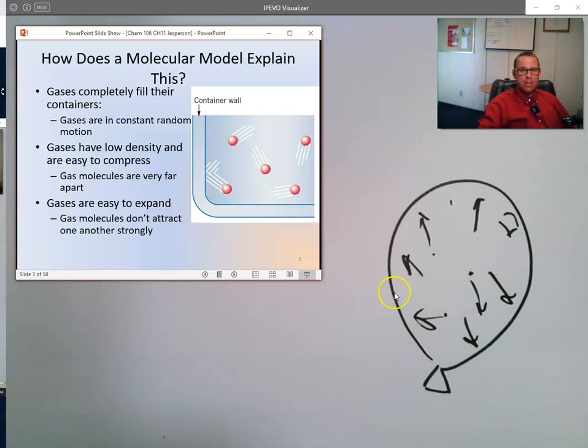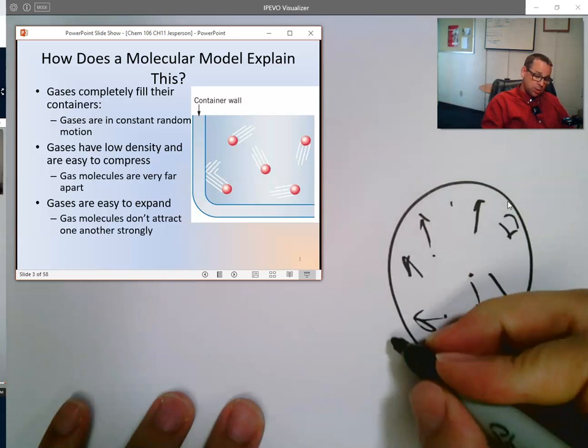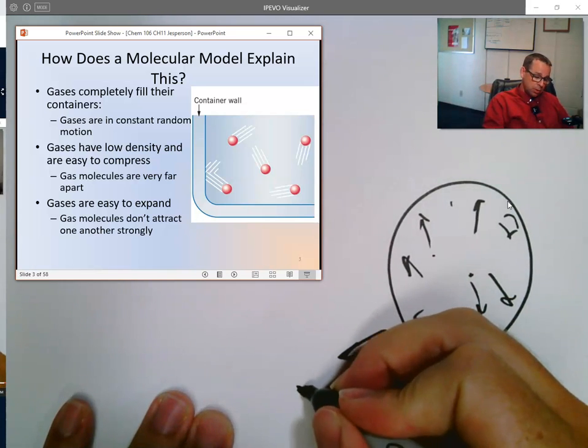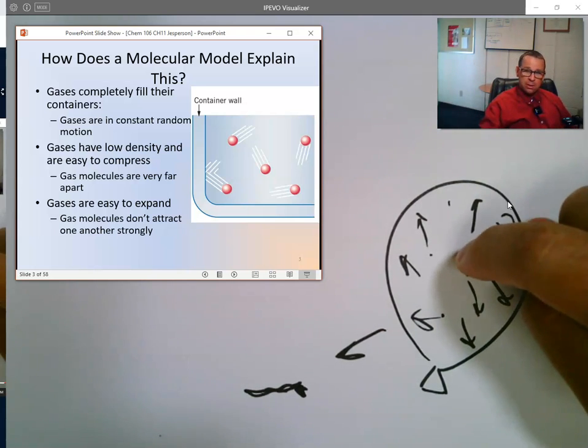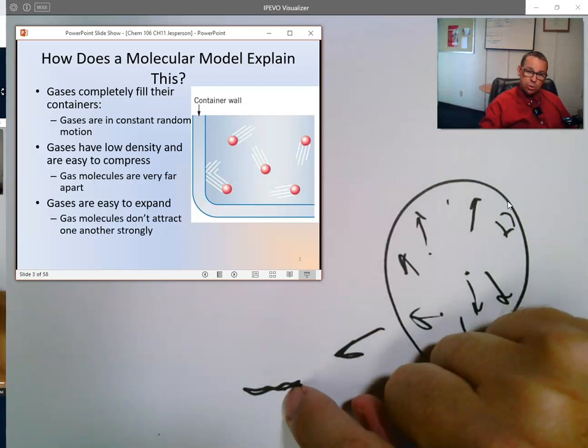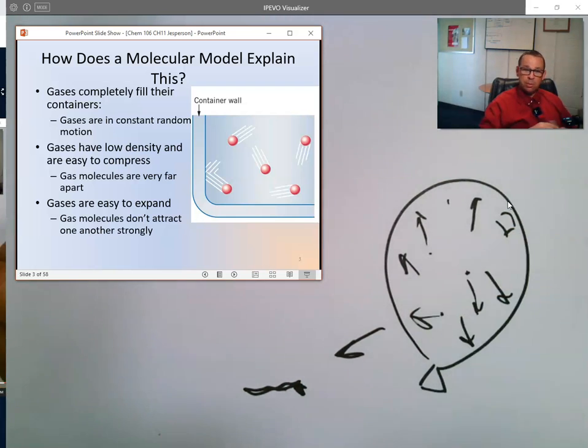I don't know if you guys have ever taken a balloon and put it in a really cold condition. You need something like liquid nitrogen. But if you put a balloon into liquid nitrogen, it'll essentially form a flat balloon, because the gas in here is converted to a liquid. That's what we do when we cool something down.